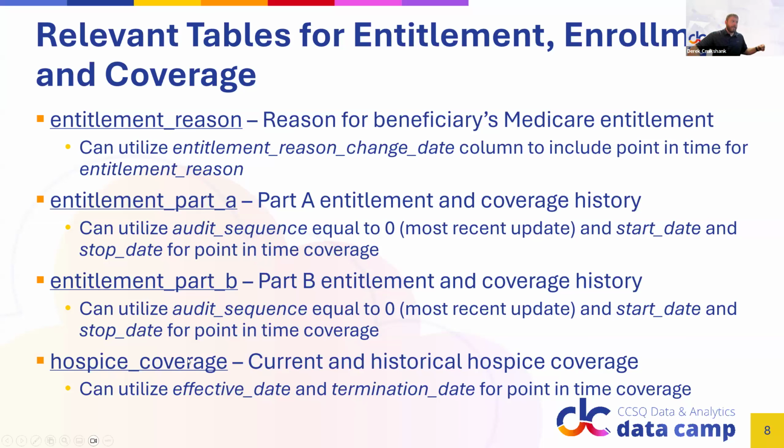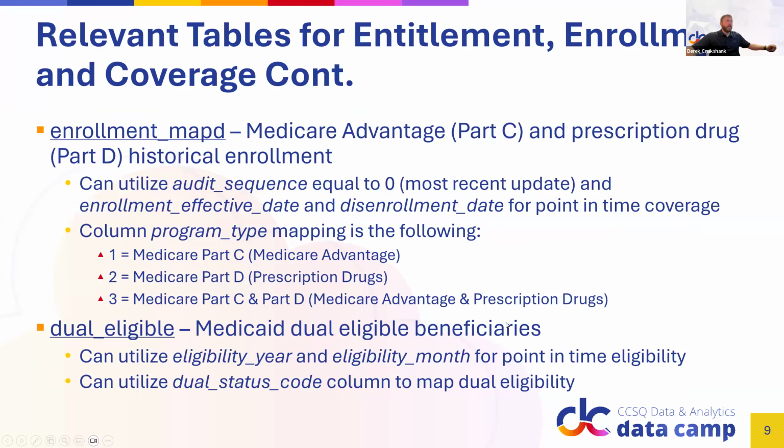Obviously, there is a hospice coverage table as well. And this actually makes sense because it's called coverage in the name, and this lets you know about current and historical coverage around hospice for certain beneficiaries.